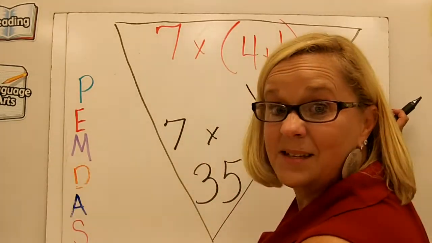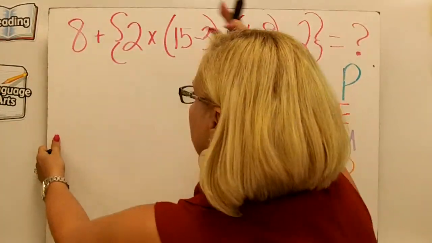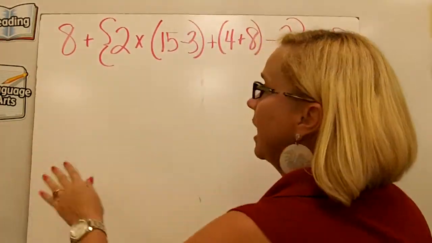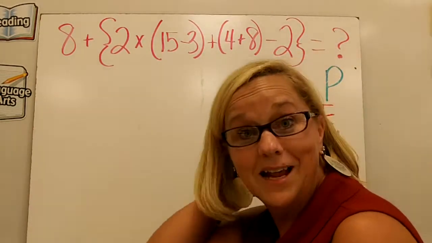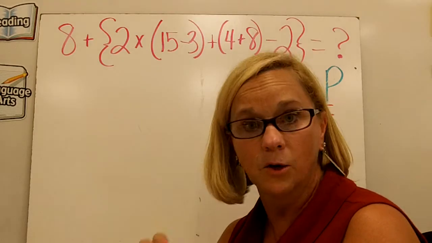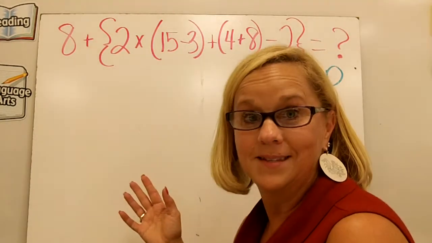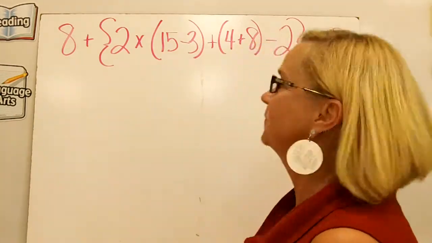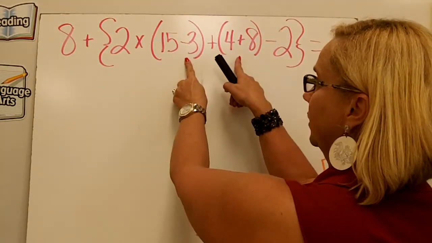All right, now stay with me because I have a really hard one. Now, if we use our order of operations, look at this math problem. Oh my gosh, it looks like a middle school problem, but we're going to take it a little bit at a time, and we're going to solve this together. This is the last one on your homework, hint, hint. All right, now notice I have braces here, and I have parentheses.